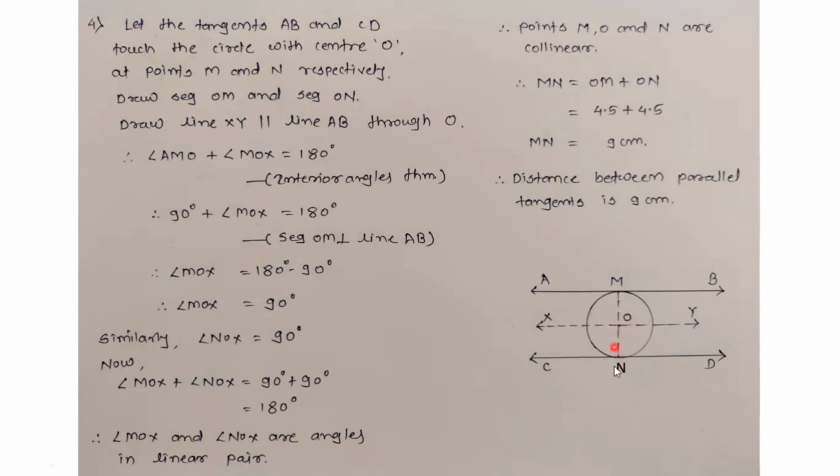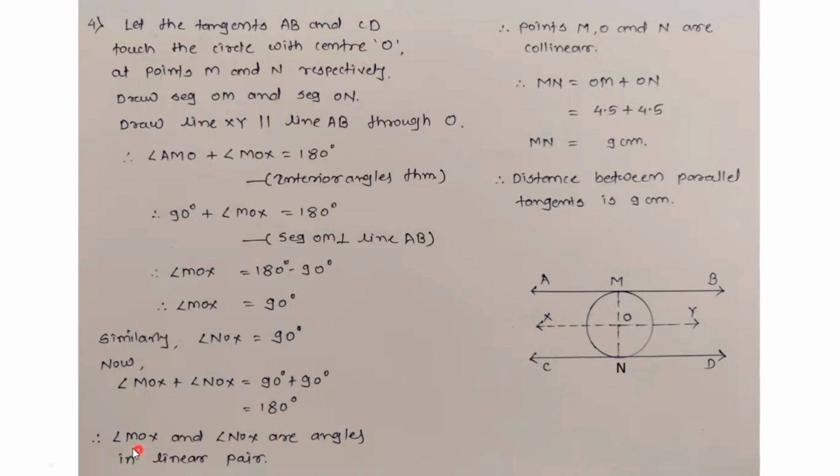In the same way, we can prove the measure of angle NOX is equal to 90 degrees. Now if we add these two angles, angle MOX plus angle NOX, we get 90 degrees plus 90 degrees, which is equal to 180 degrees.